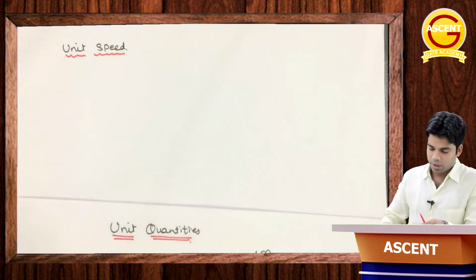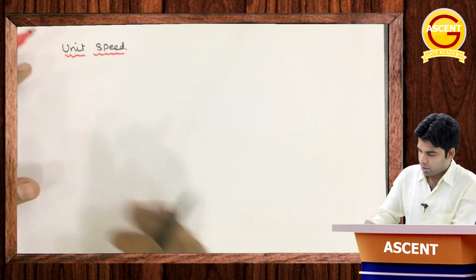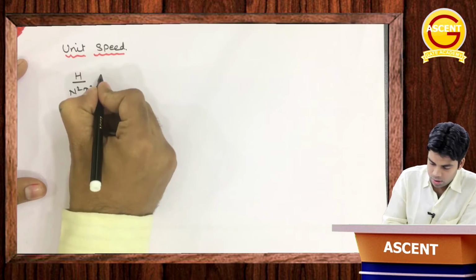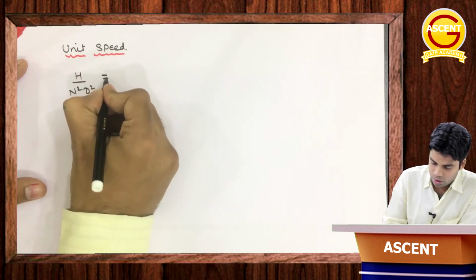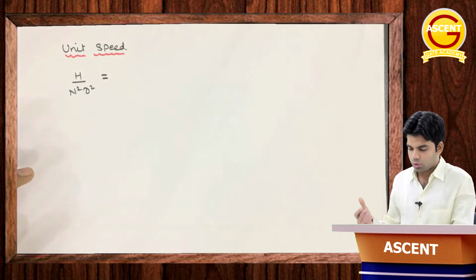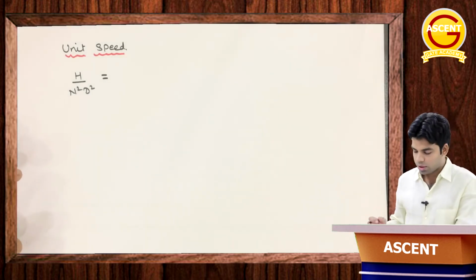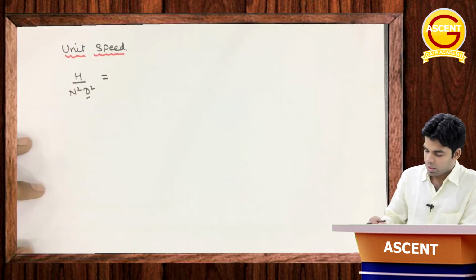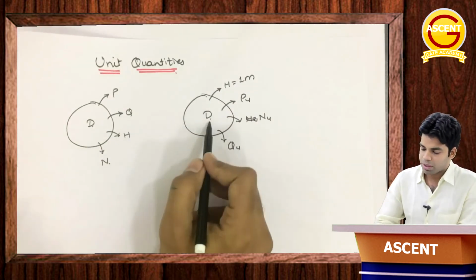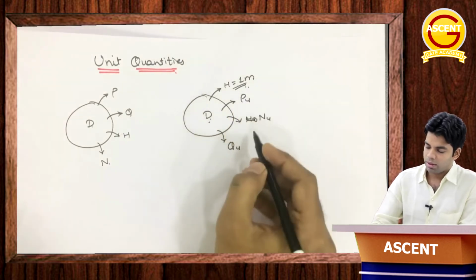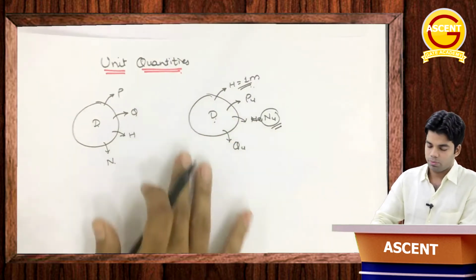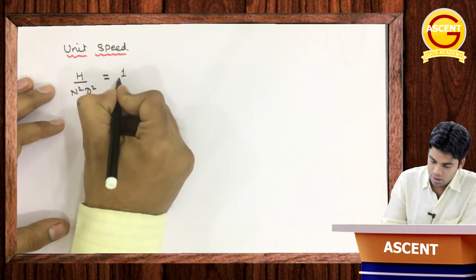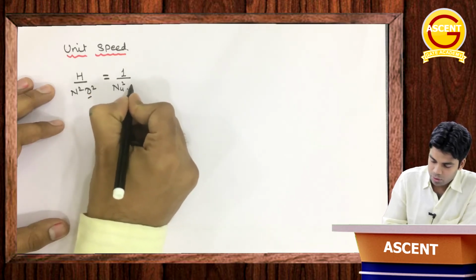Again we will equate the head number, H by N square D square. For having the unit speed, obviously the head has to be 1 meter, the diameter will be the same, and the speed we are getting is Nu. So H by N square D square will be equal to 1 meter divided by Nu square into D square.